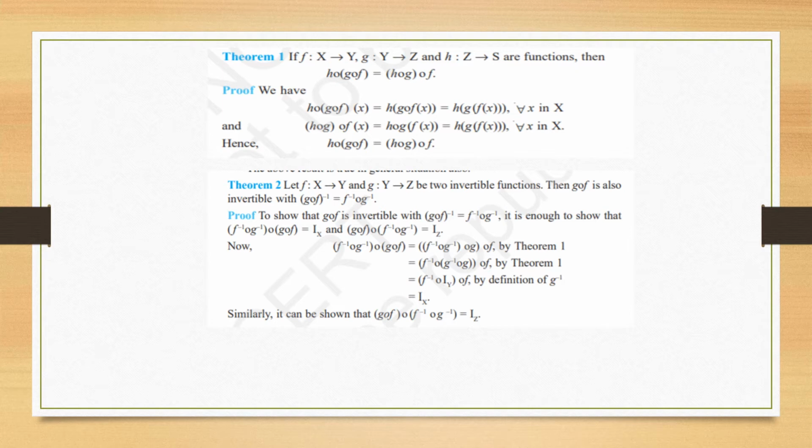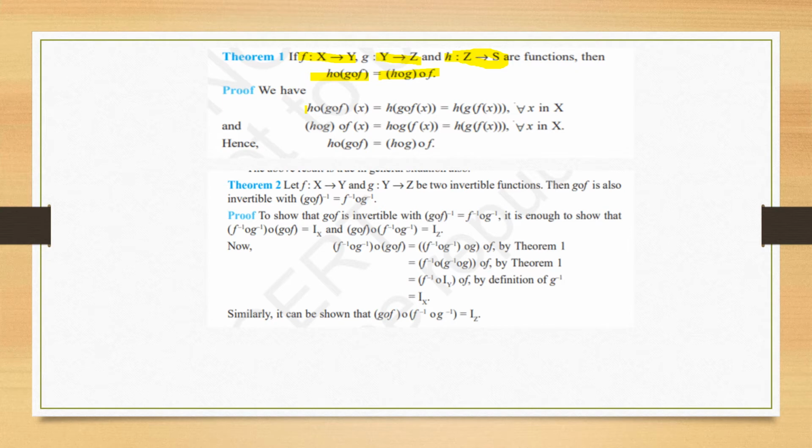Now theorem number 1: if f is a mapping from X to Y, g is a mapping from Y to Z, and h is a mapping from Z to S, then show that (h∘g)∘f is equal to h∘(g∘f). To prove them equal, I have to associate one element with each side.